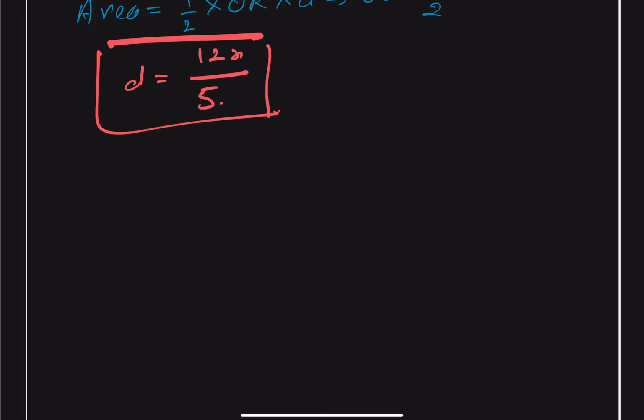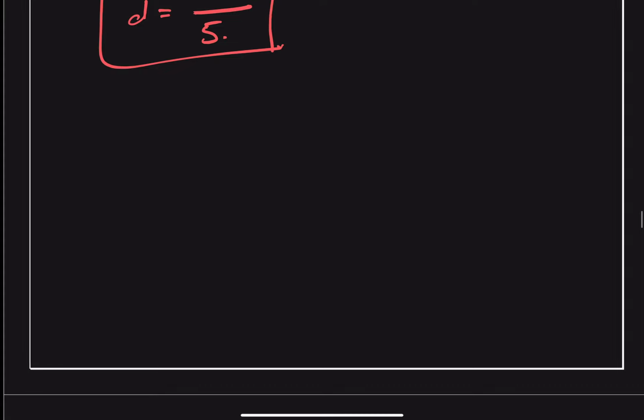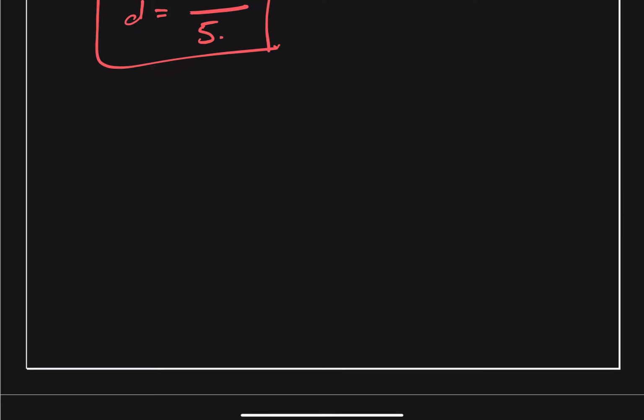Next, we are going to find the angles, because we want sine of phi 1 and sine of phi 2. It is a right angle triangle, so sine of phi 1 will be equal to 4 by 5 and sine of phi 2 is equal to 3 by 5.